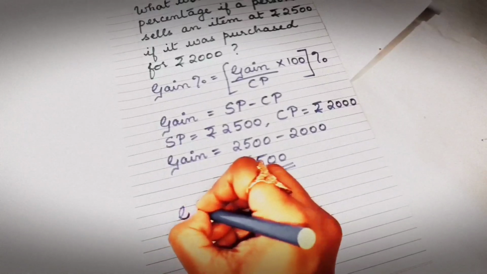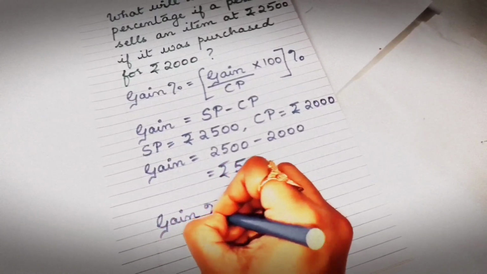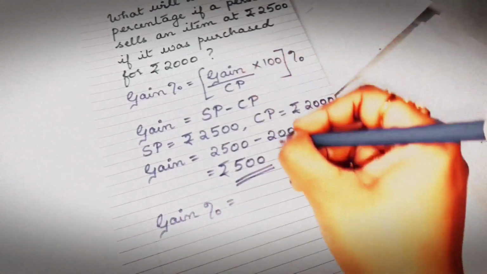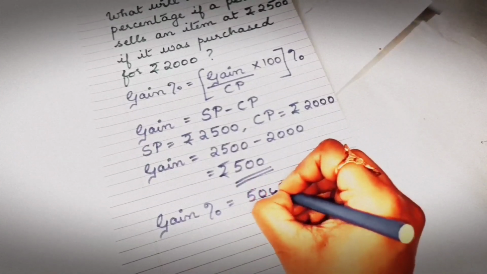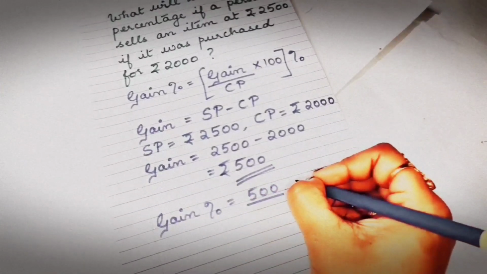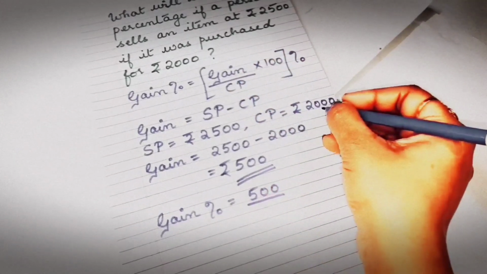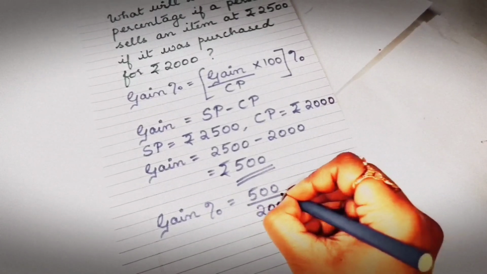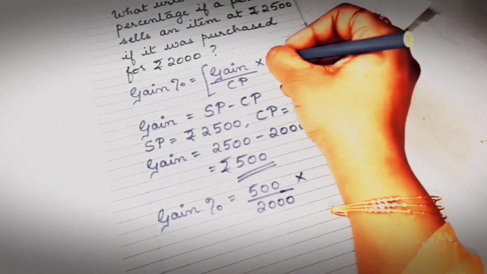Let us now calculate the gain percentage. We shall substitute the values in the formula. We know gain is 500. So we have 500 divided by the CP. The value of the CP is 2000. So we have 500 divided by 2000 multiplied by 100.